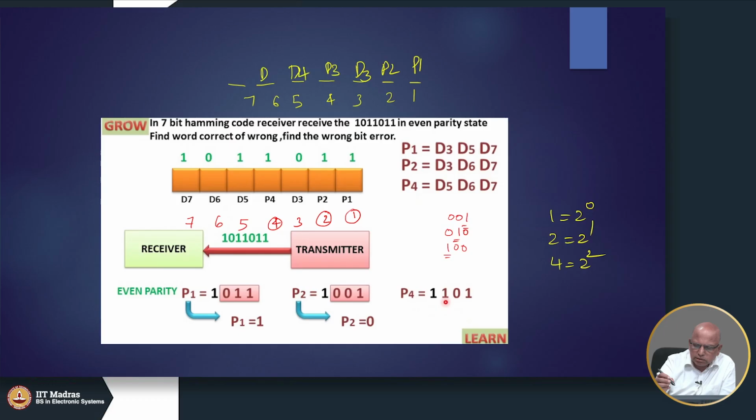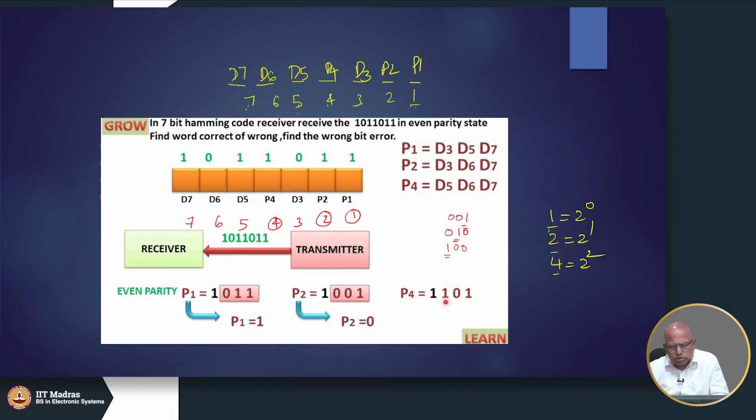They have gone purely by position, since the data bits are in positions 3, 5, 6 and 7. So we have P1, P2, P4, D3, D5, D6 and D7.